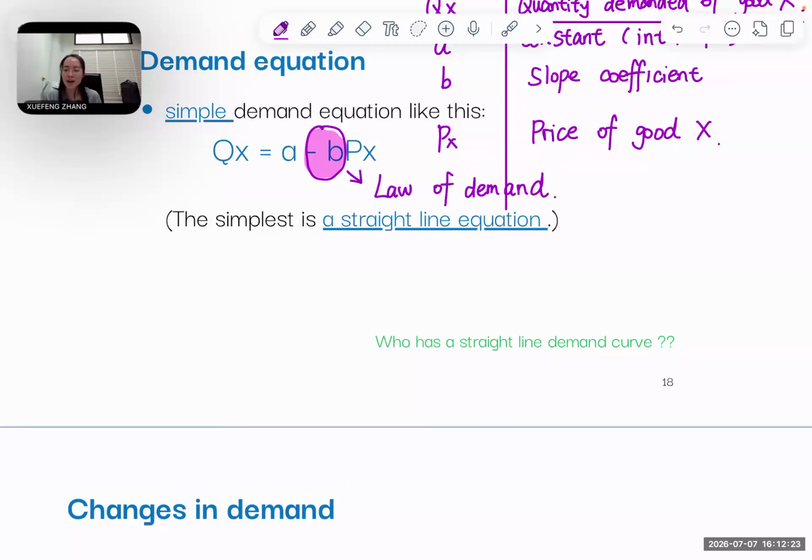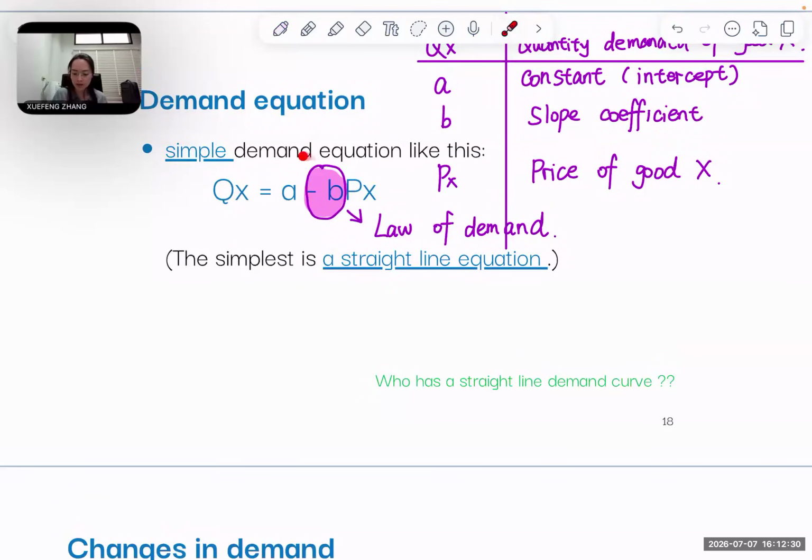Keep that in mind as we move forward, okay? So let me emphasize this demand equation. This equation just says the higher the price, the less you buy, okay? In math form.